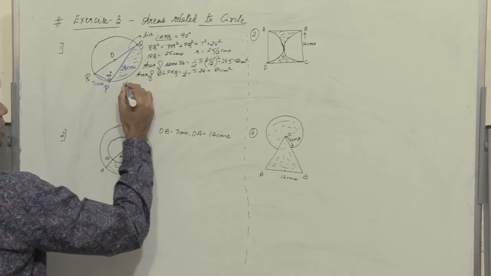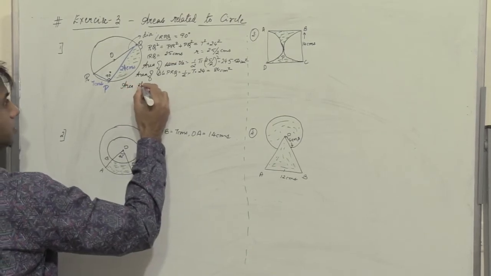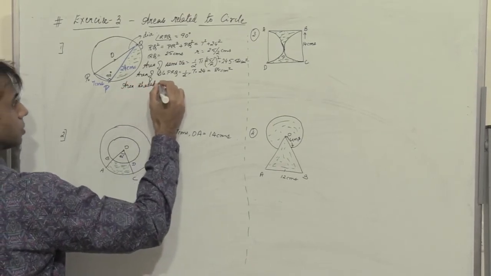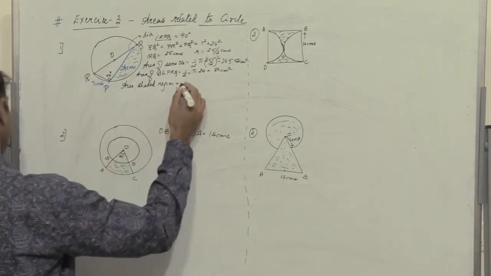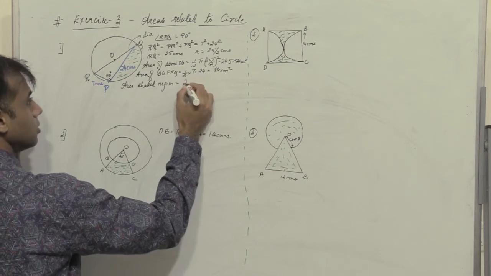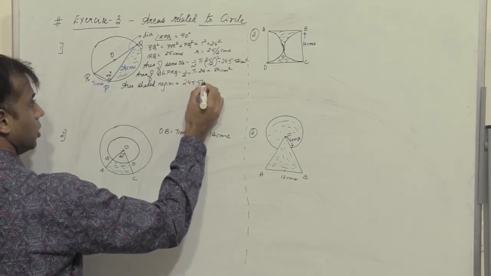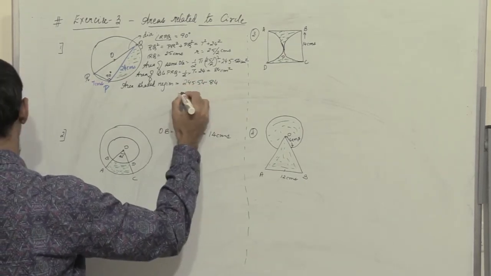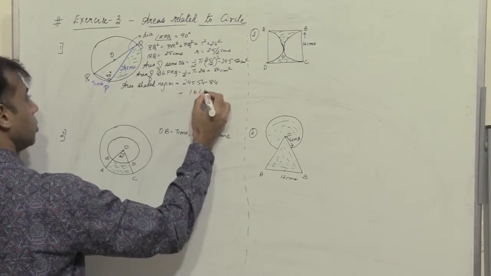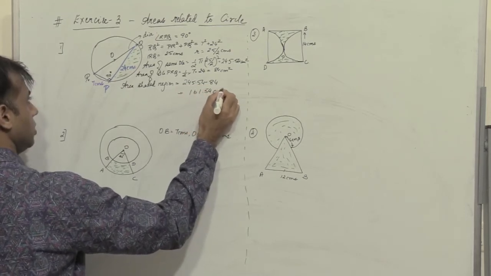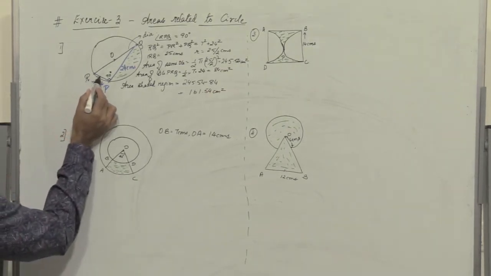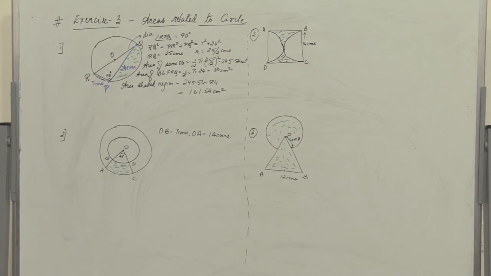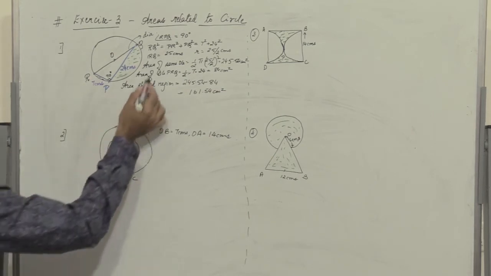So area of shaded region is nothing but the area of the semicircle, which is 245.54 minus 84, which gives us 161.54 centimeters square. Right? So of course this is a very small region which is of course neglected here. So this is the area of the shaded region.